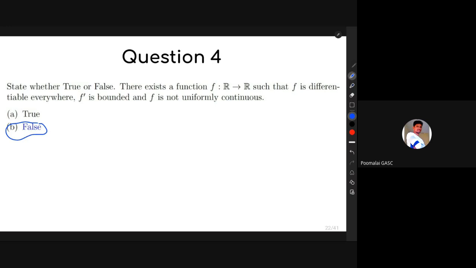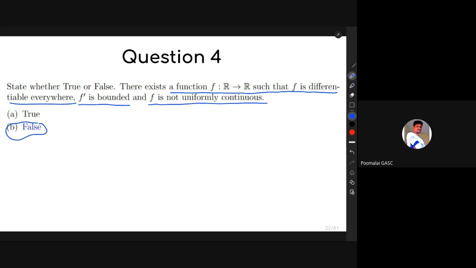And how do we prove that it is false? We will prove that by saying that if I start with the assumption that f is a function which is differentiable everywhere and its derivative is bounded, then f is uniformly continuous.